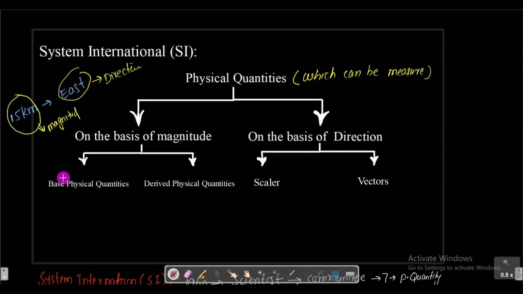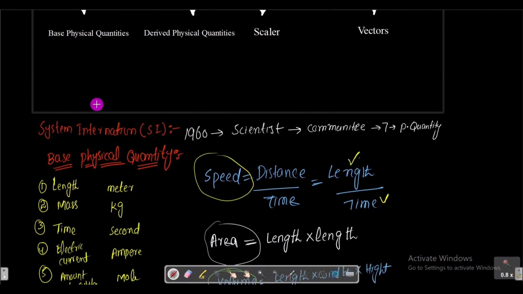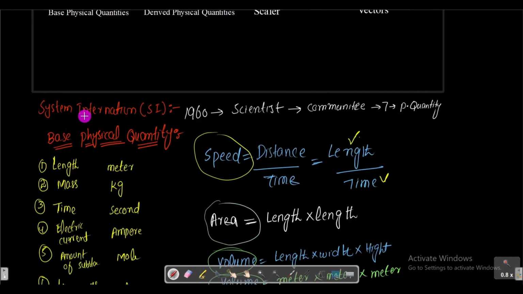The base physical quantities come from the System International, where scientists formed a community to make seven standard physical quantities, and those seven standard physical quantities are called base physical quantities. So here are those seven quantities. The scientists first defined these seven physical quantities, and they call them base physical quantities.